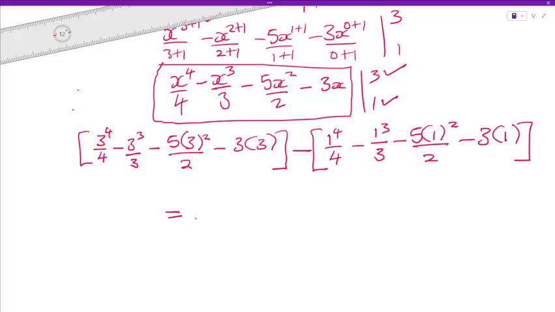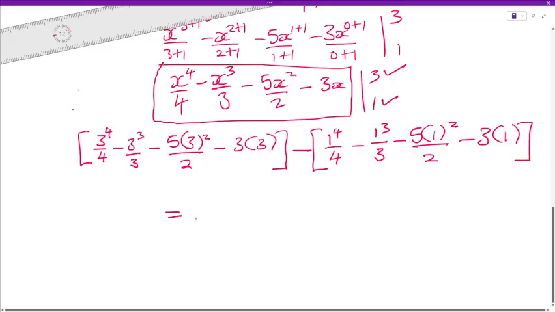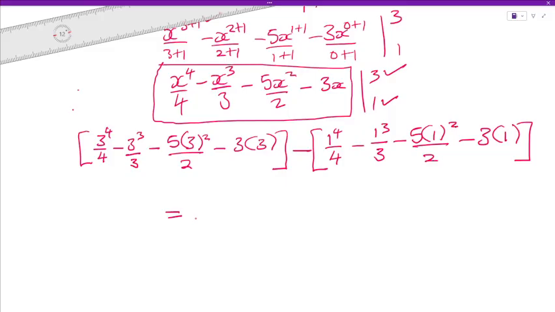So that is x to the power 4 over 4 minus x to the power 3 over 3 minus 5x squared over 2 minus 3x, close bracket.